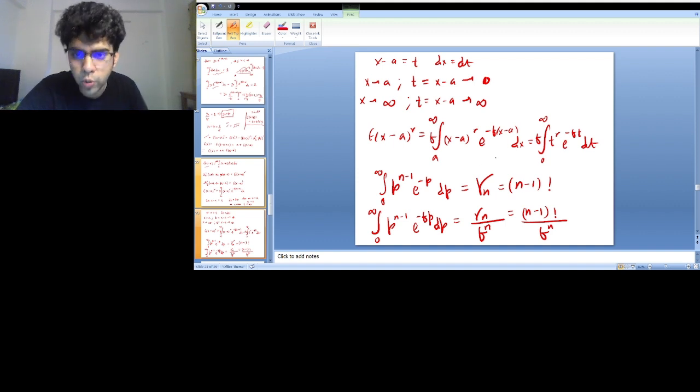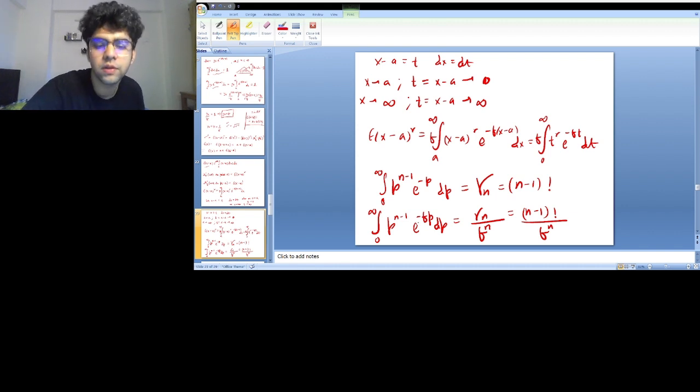So just remember this property. Whenever I have this form, this gives me gamma n, which is n minus 1 factorial, and whenever I have a constant term being multiplied with the variable p in the power of e, I'll get gamma n upon b to the power n.